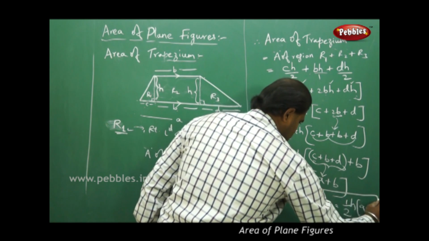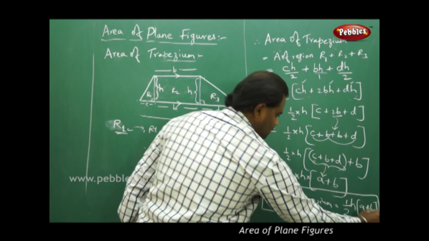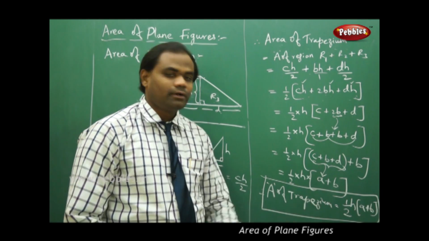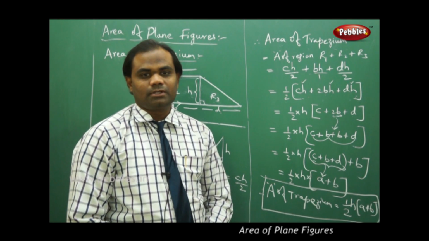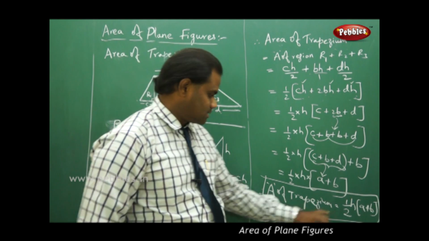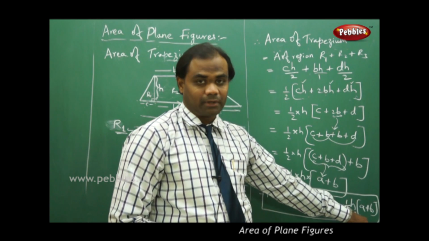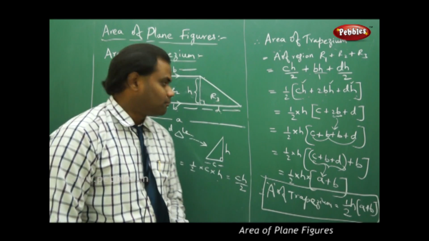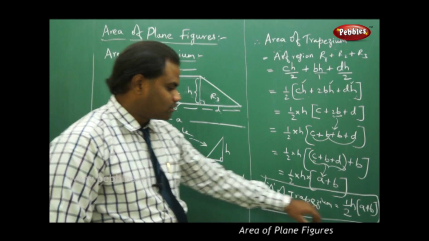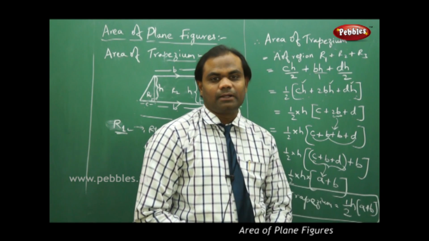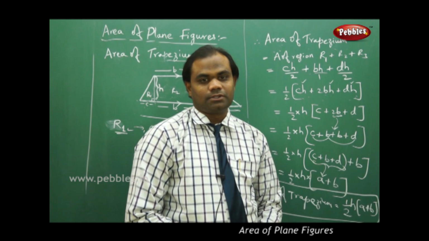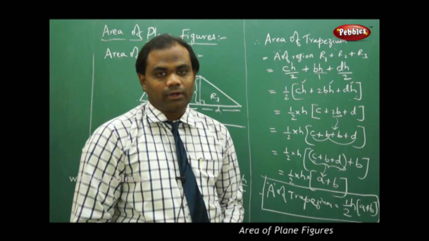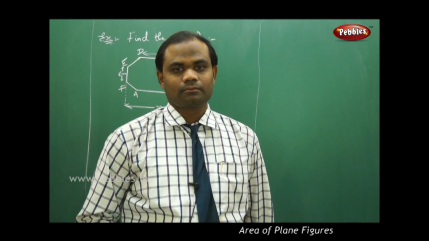This is the formula for the area of a trapezium. This can also be read as half times the height of the trapezium into the sum of the parallel sides. So the area of a trapezium is half into height into the sum of parallel sides, which is half h a plus b unit square.